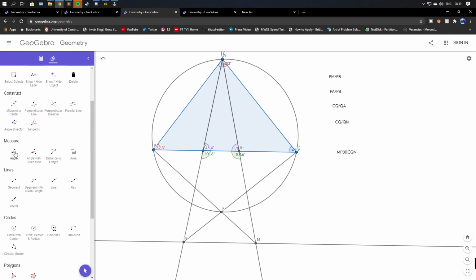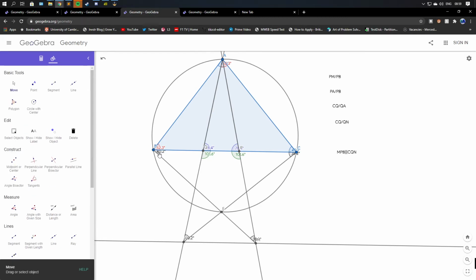So we've got some angles, we can put those in and we will give them a color as well. In particular, we have this one here, which we can call black, is the same as this one here, and this one here is the same as this one here, but they are different colors. This one we will say is orange, and this one is also orange.